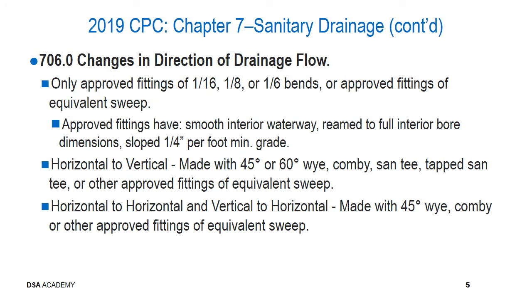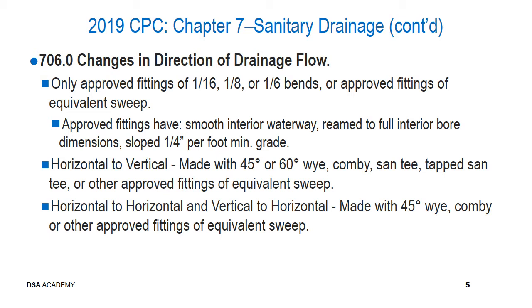Whenever changes in direction occur in drainage piping, the appropriate and correct materials have got to be used, and only approved fittings of 1/16, 1/8, or 1/6 bends or other approved fittings of equivalent sweep may be permitted to be used for changing direction of drainage piping.